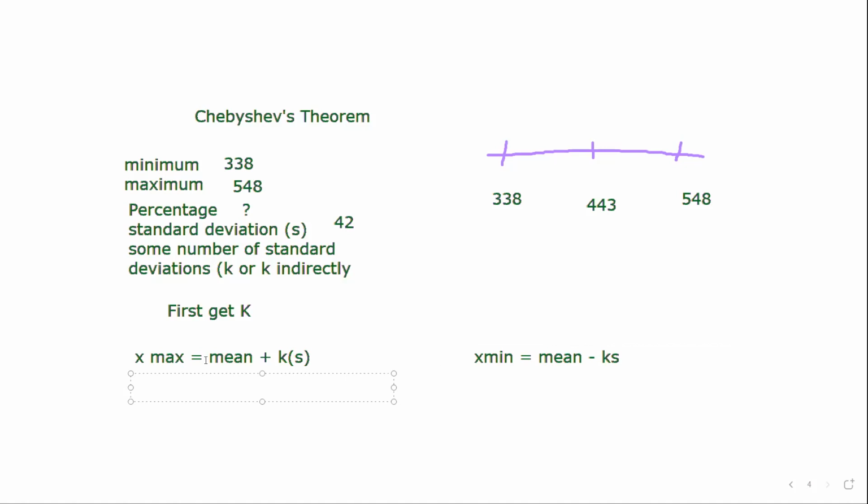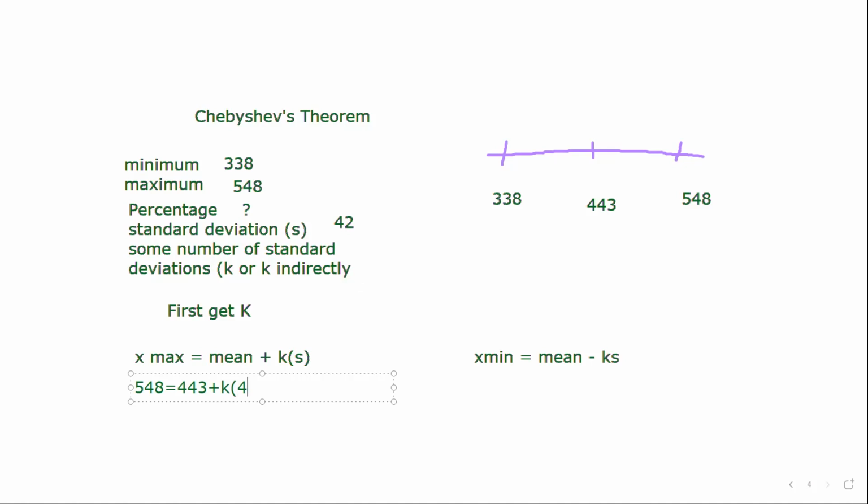I'll show you that. So here the max is 548, right? The mean is how much? 443. So that's 443 plus K times S, which we know is 42.